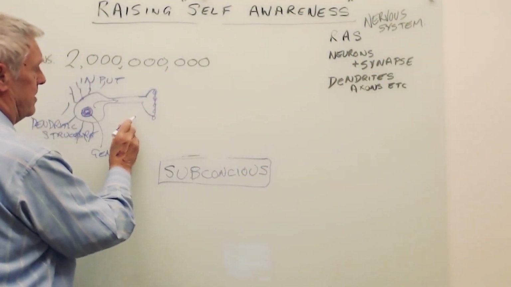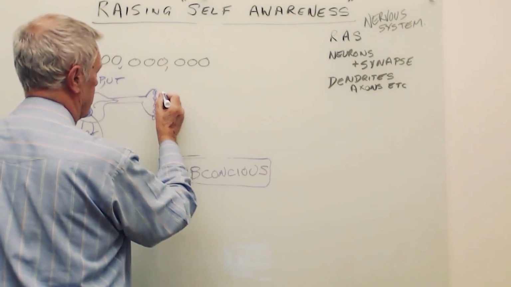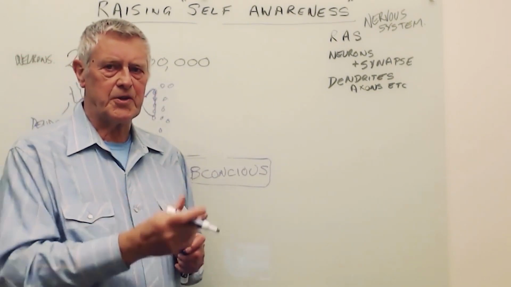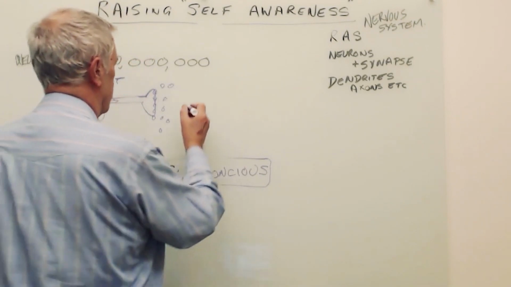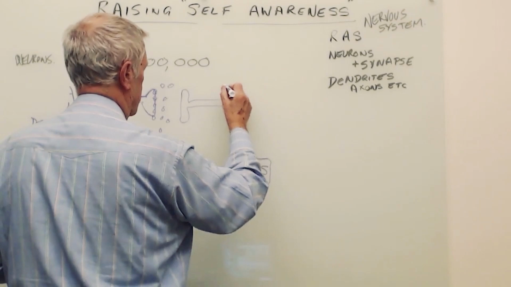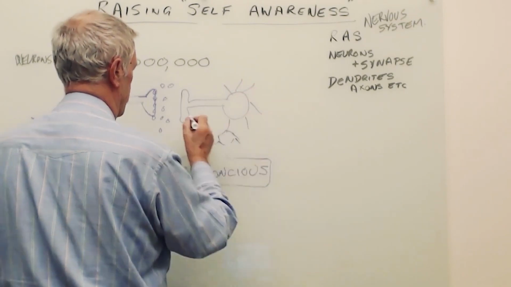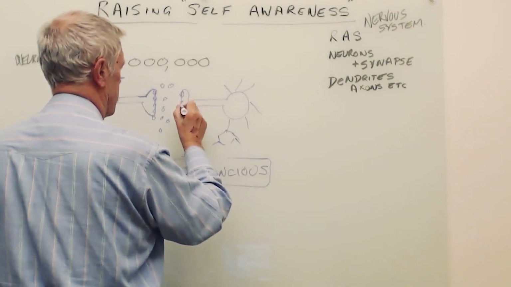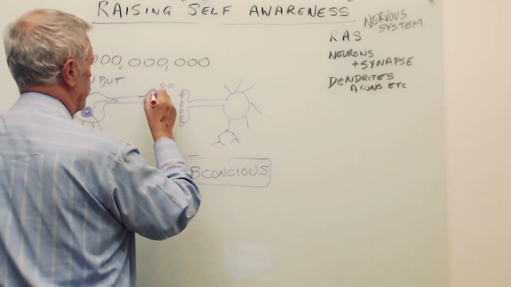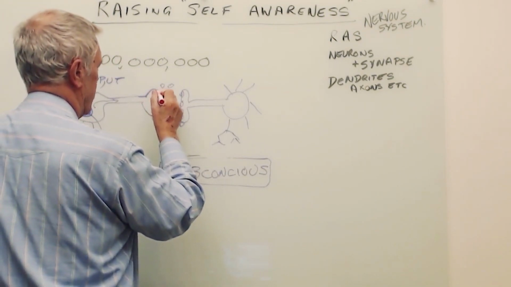On the end there, it sends off kind of chemical signals to another part of the network, and that's got its connections. And there's receptors here. So this neuron sends off these bits of information, really.